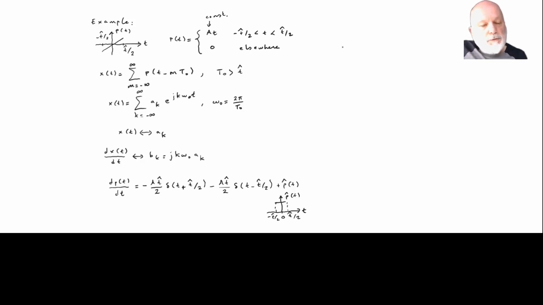Now we can define the signal, which is the derivative of x of t, as the periodic extension of dp by dt.